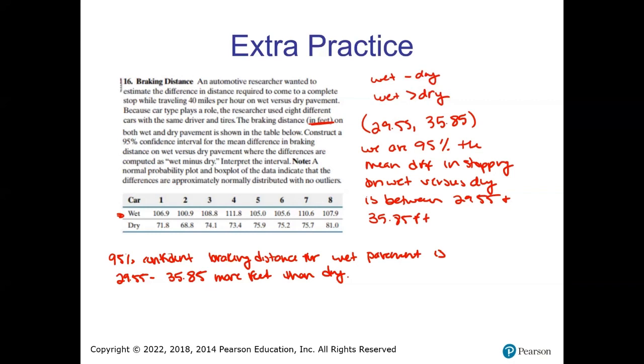Clearly, wet took longer than dry because both of them were positive. Wet is clearly larger than dry. And that is, on average, how much longer it takes a car to stop on wet pavement versus dry pavement: anywhere between about 29 and 36 feet.